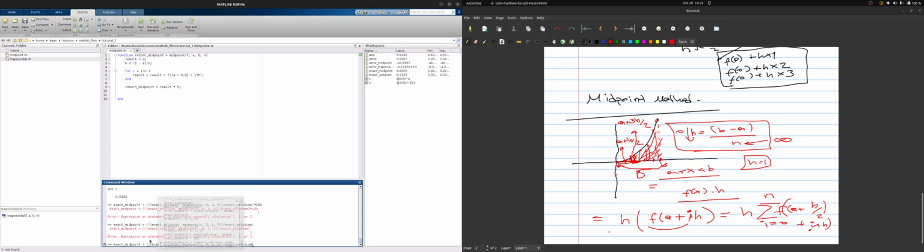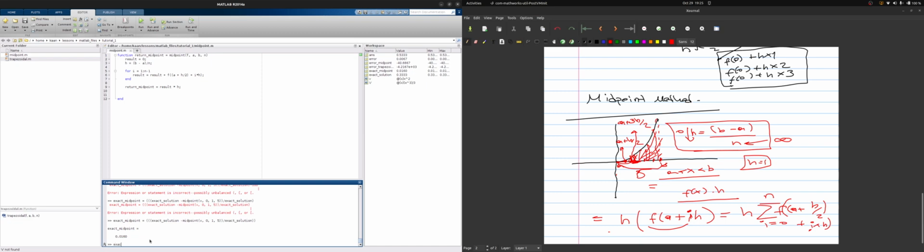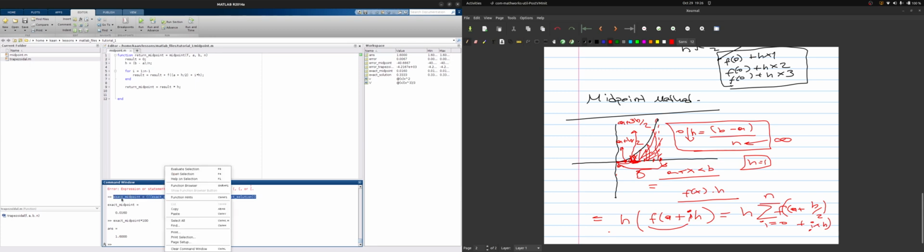And then we need to multiply by 100. When this reveals, 1.6% error in the midpoint method. Check the other one. It's basically the same thing, but we'll just change the variable. Copy, paste.